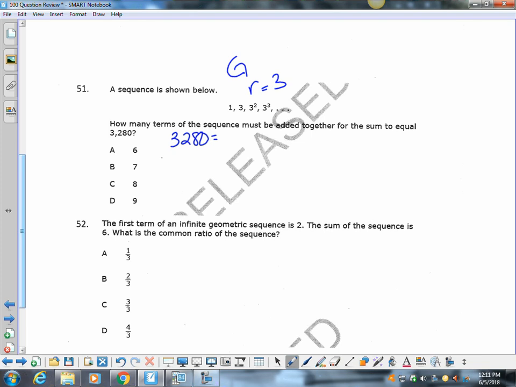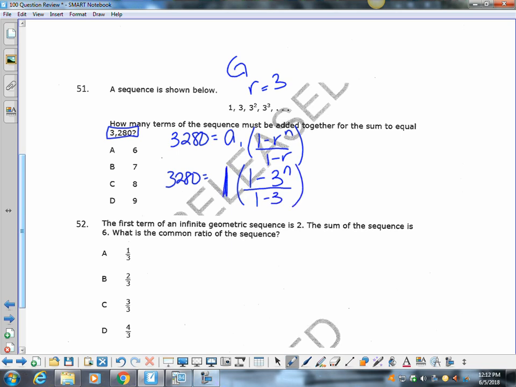It's going to stop because I end up having a definite sum and it's getting bigger and bigger and bigger, so it can't be infinite. So I'm going to use this formula, which again is on your formula sheet. There's my first term. We said my R was 3. I don't know my n.